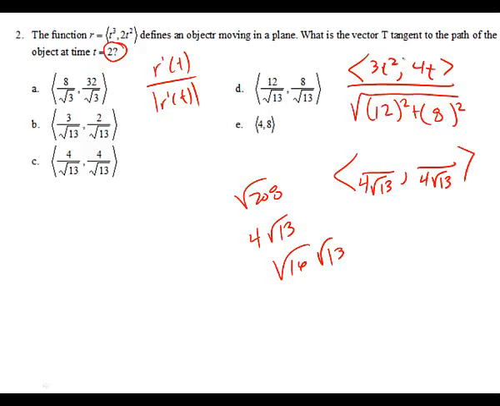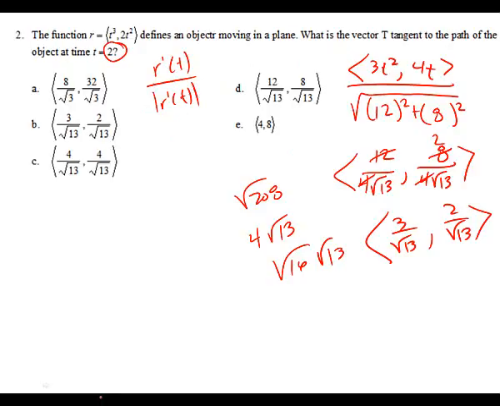So when I plug the 2 into the 3t squared, what do we get? 12. Oh, it's already there, isn't it? 12 and 8. All right, now let's reduce those. So let's see, 4 into 12, how many times? 3 over square root of 13. 4 into 8, how many times? 2. So the big thing on this one was remembering that for this particular one, you had to do the derivative over the magnitude. Okay.